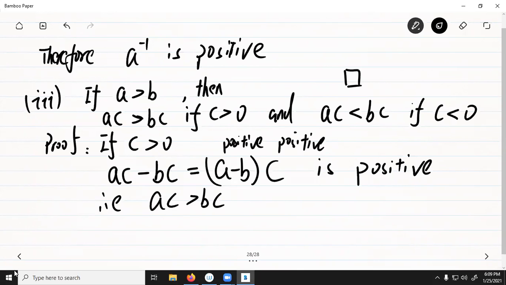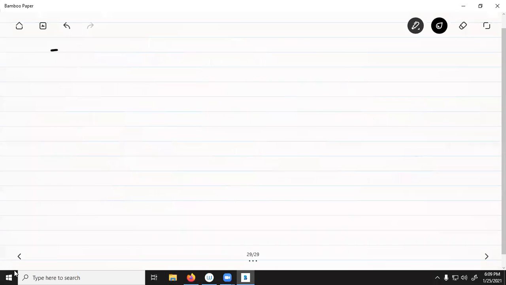The second part, case 2. If C is less than 0.